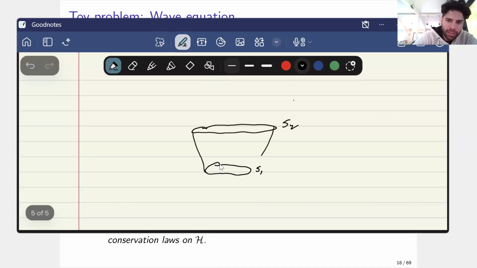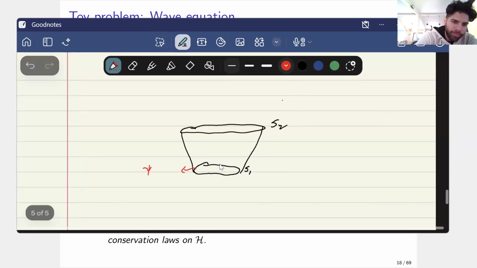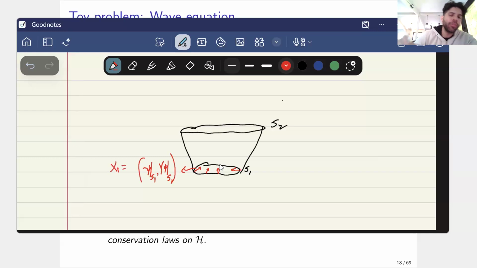Here is our null hypersurface. On S1, we will assume that we know psi. And we will also assume we know the transversal derivative of psi on S1. Transversal derivative meaning this guy. So that's the sphere data for the wave equation on S1.